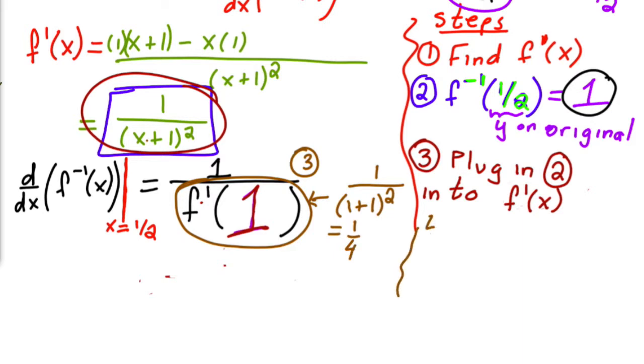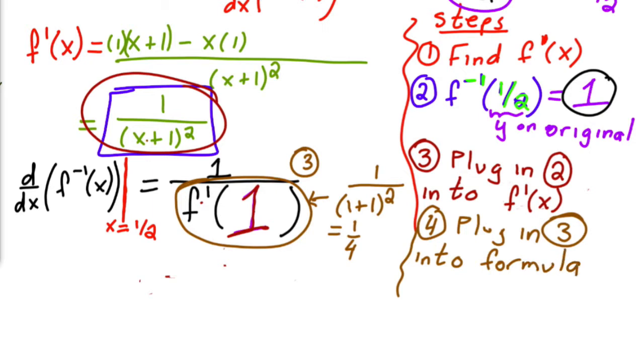And then step 4 is we're going to plug in the number that we get from 3 into now the formula. So I just broke it down one more step. So then the derivative is going to equal 1 over f prime of 1, which is 1 over 1/4, and so this is equal to the number 4.